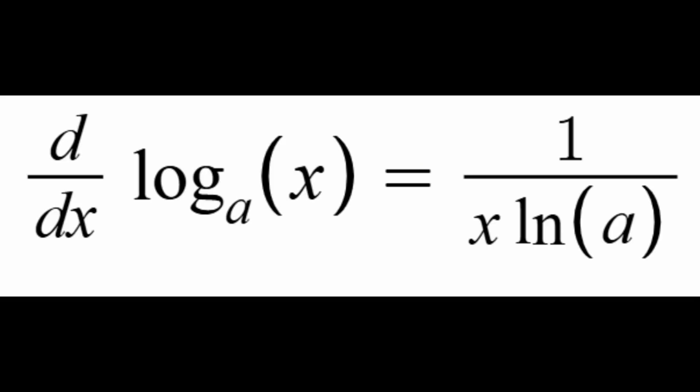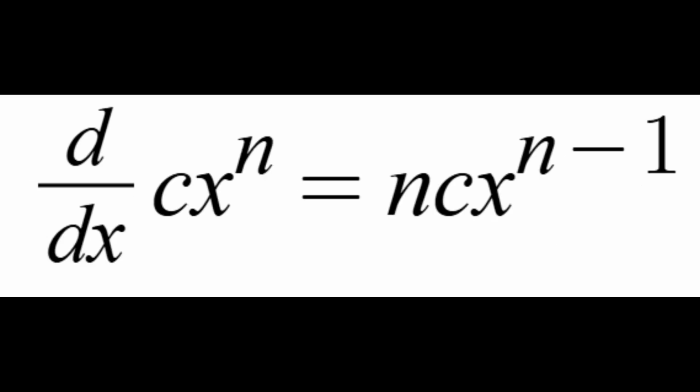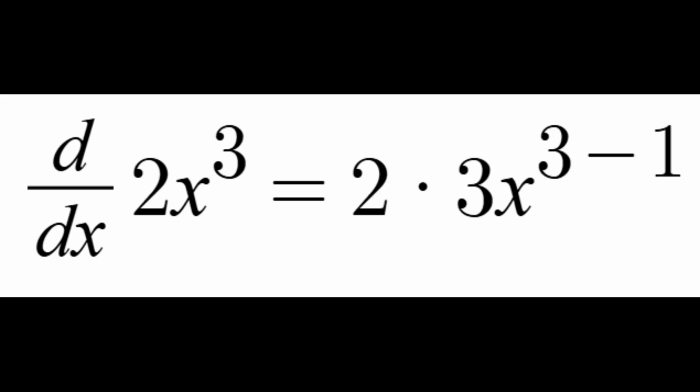Now, if we want to find a derivative, it can be fairly complicated for many functions, but thankfully for any function of the form c times x to the n, it's easy. Its derivative is n times c times x to the power of n minus 1. So for example, 2x cubed, n equals 3 and c equals 2, which means its derivative is 2 times 3 times x to the power of 3 minus 1, or 6x squared.